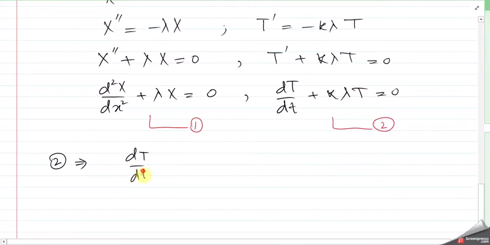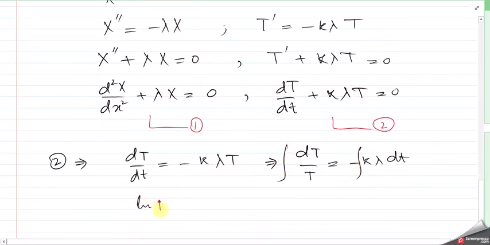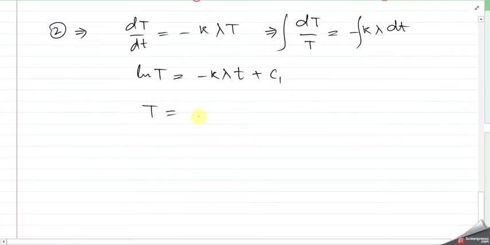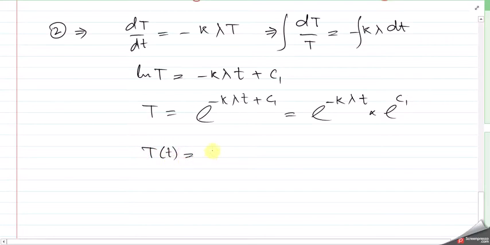We can solve it using variable separable form. dT over T equals minus k lambda dt, and when we integrate we get log of T equals minus k lambda t plus c1, and T equals e raised to the power minus k lambda t plus c1, which is equal to e to the power minus k lambda t into e to the power c1, and let's call that c2, so T of t equals c2 e to the power minus k lambda t.